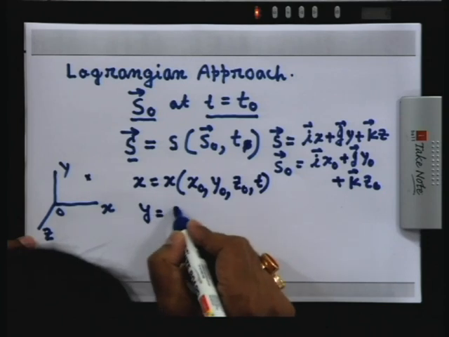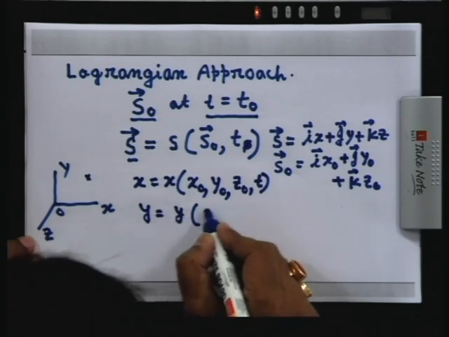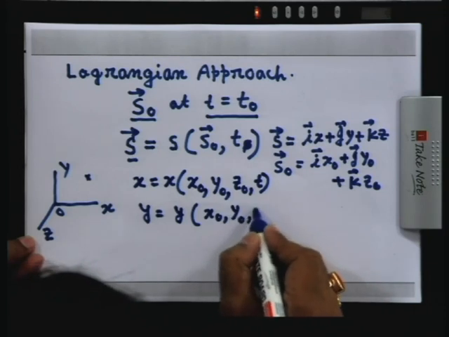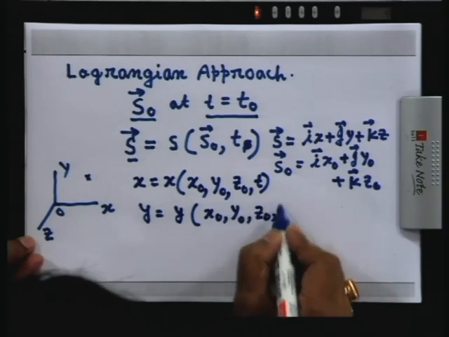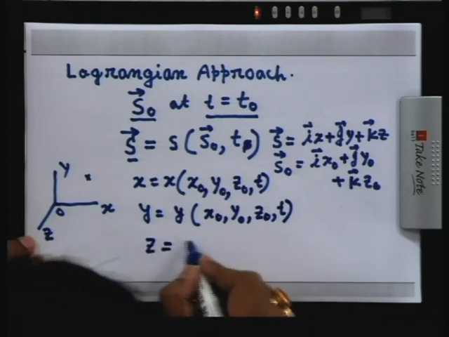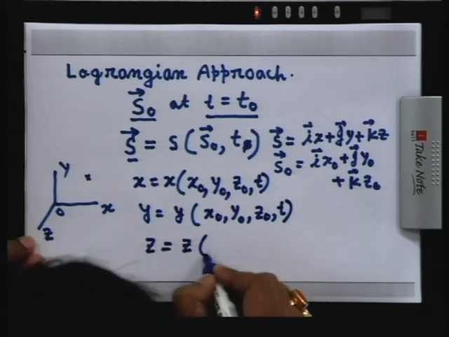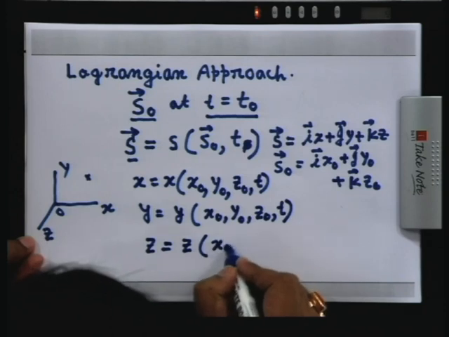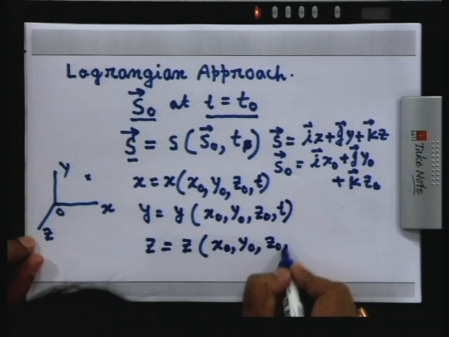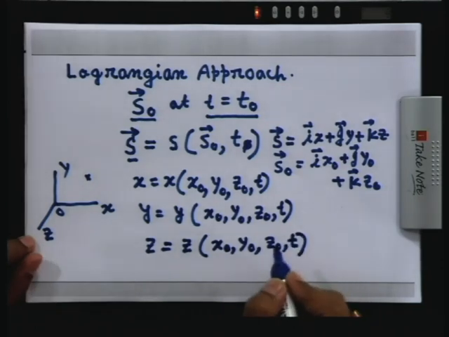Similarly, its y location is a function of x0, y0, z0 and t, and its z location is also a function of x0, y0, z0 and t. What does it mean?